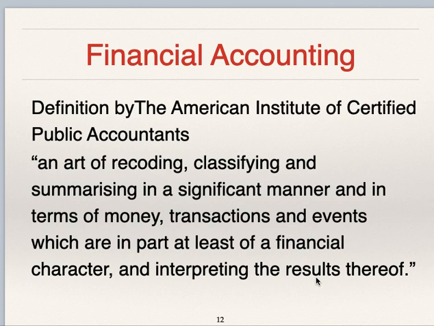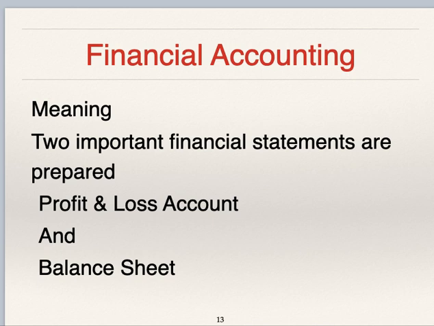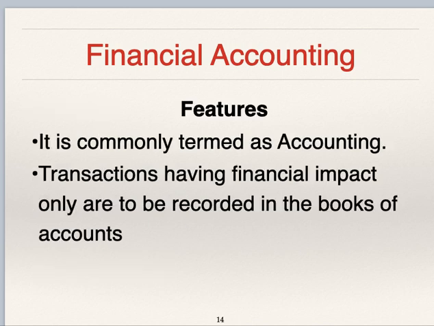In order to find the result thereof, that is to find profit or loss. Two important financial statements are prepared. They are profit and loss account and balance sheet. Financial accounting is sometimes referred only as accounting. Various features of financial accounting we'll see one by one.